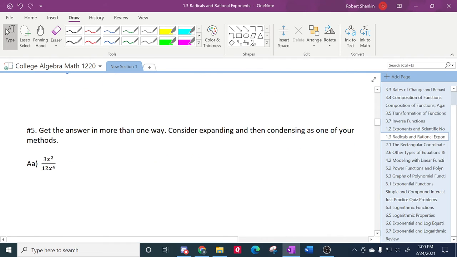Do this problem. We're not so much interested in the answer as that you can get it in more than one way. If you can get it in 3 or 4 ways, do it. As many ways as you can in the time allotted, but definitely get it more than one way.